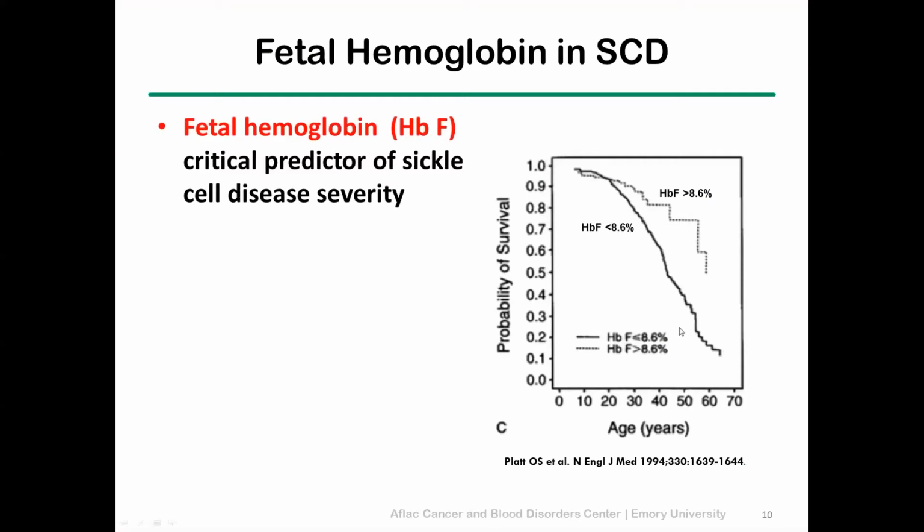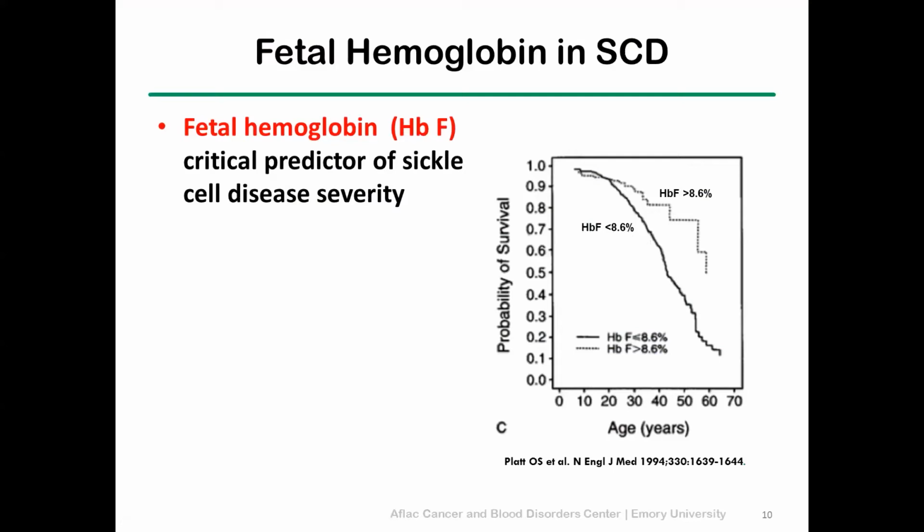This graph shows the effect of relatively low, less than 8.6% fetal hemoglobin, compared with relatively higher, greater than 8.6% fetal hemoglobin. Individuals that had the higher level of fetal hemoglobin compared to the lower level have improved survival.